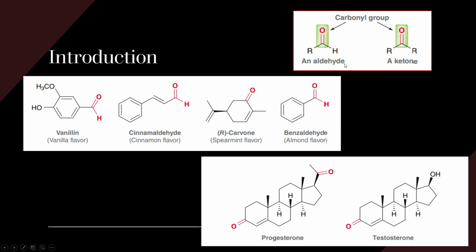The two that we're most concerned with currently are aldehydes and ketones. Aldehydes, interestingly enough, play a very big role in flavors popping up in places. You can even see here that we have a ketone, carvone. That's what goes in most gums. Okay, a lot of you have used vanillin before with baking.